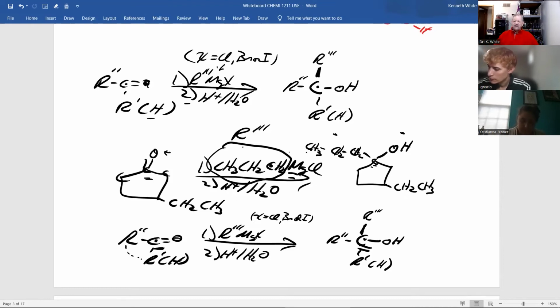Everybody have everything copied they want to copy? All right, like I said, this reaction and the ones I covered today will never have a synthesis problem, but I wanted to cover these again because students have trouble with these, and I want my students not to have trouble with these.